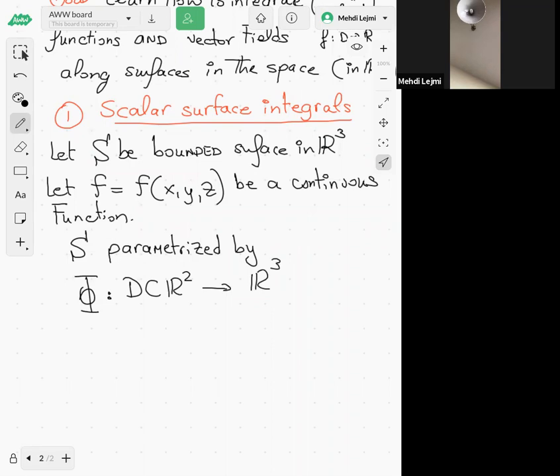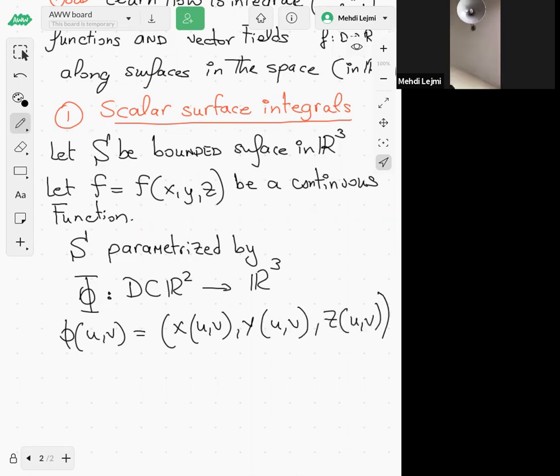Again, we have phi of (u,v) as usual, that's x of (u,v), y of (u,v), and z of (u,v).